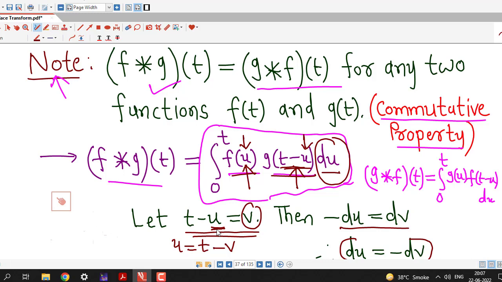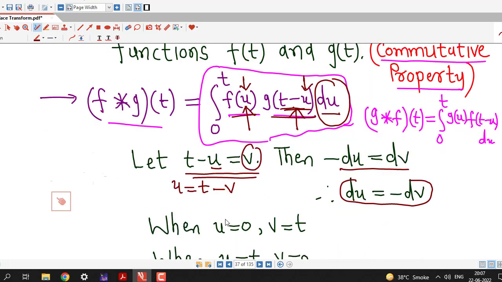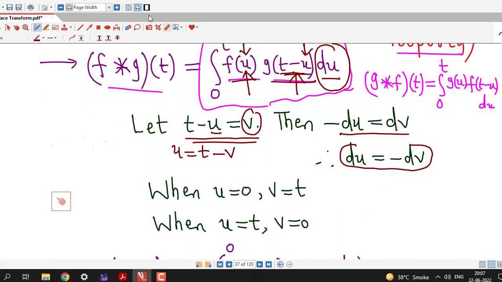So if we take u equal to 0 here, then v will be equal to t, and if we take u equal to t, v will be 0. So that I have written here. First we consider t minus u equal to v, then minus du is dv, therefore du equals minus dv.